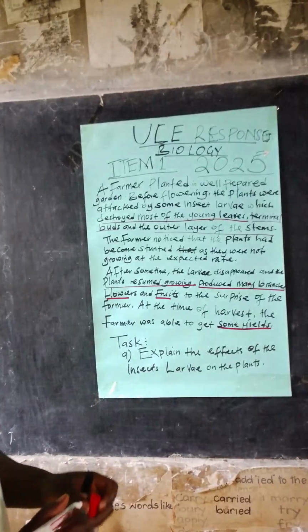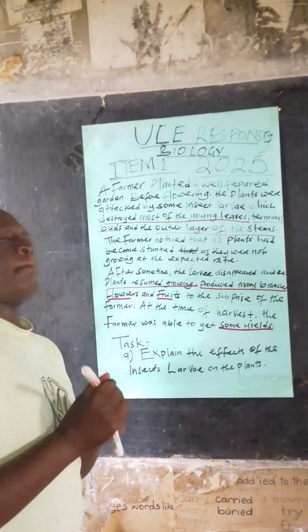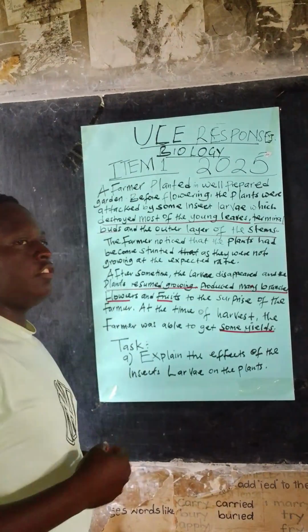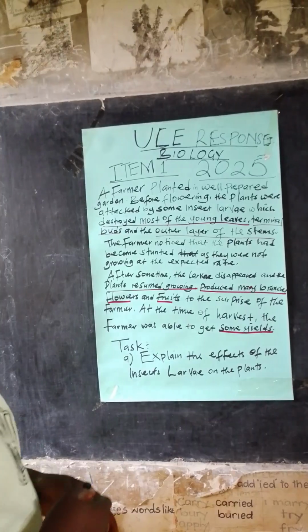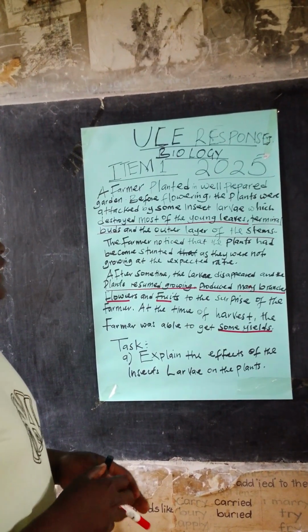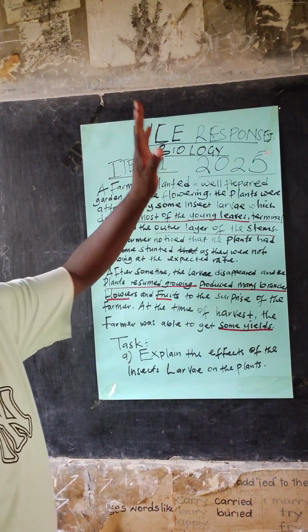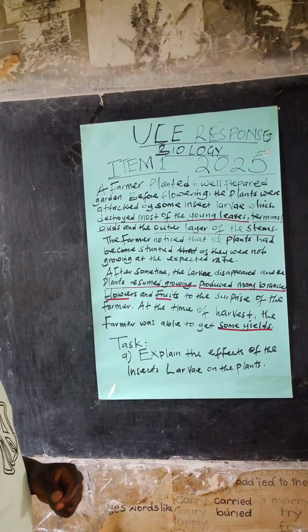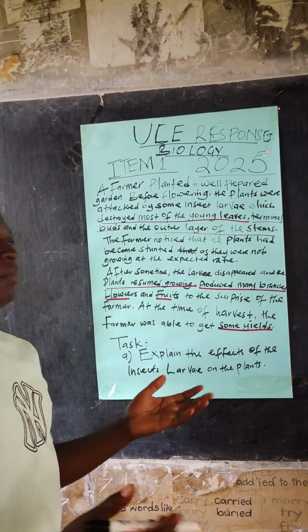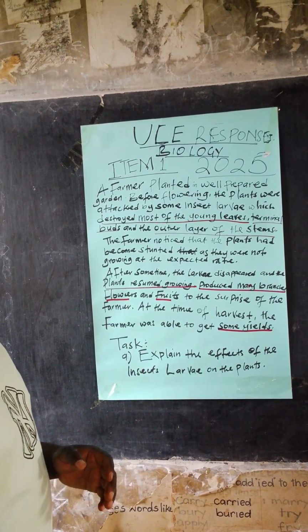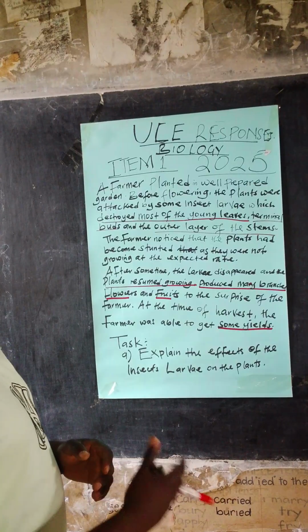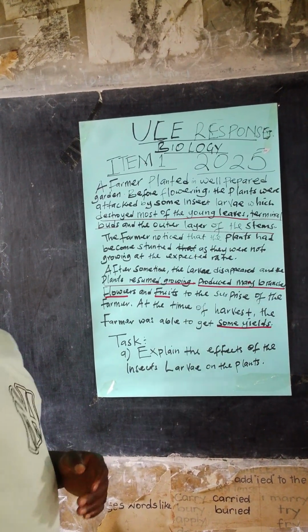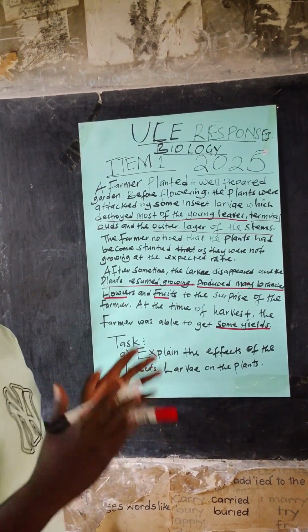So, this question is coming from plant physiology, and it is concerning the plant growth. So there was a farmer, maybe your father, maybe your aunt, who is there in the garden growing crops.